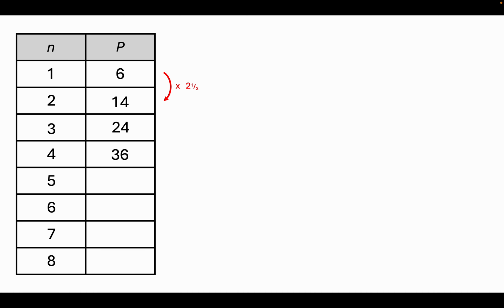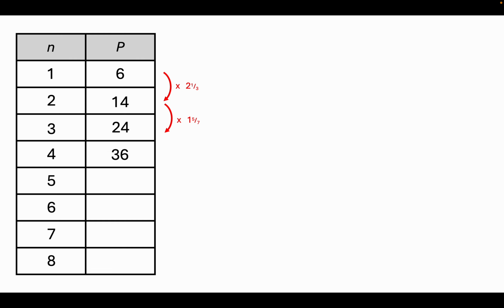That's easily obtained by doing 14 divided by 6. Then if I do the same with the 14 and the 24, I have to multiply by 1 5/7. So 24 divided by 14 gives me 1 5/7.